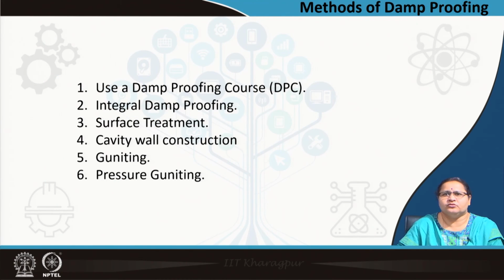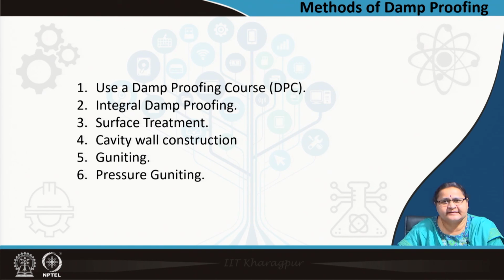So, coming to the end of this lecture, the methods of damp proofing. As I told, against groundwater you can have a continuous layer to prevent the moisture from moving up. Sometimes you need to have integrated damp proofing. Sometimes it may be a surface treatment.